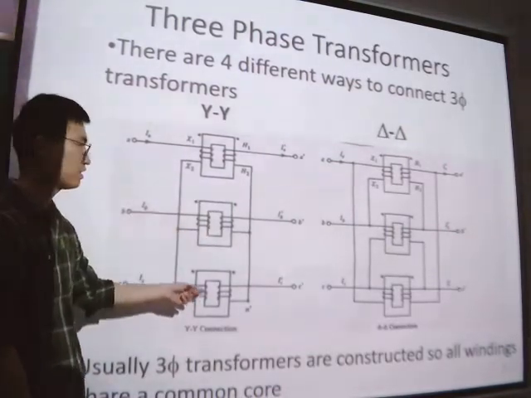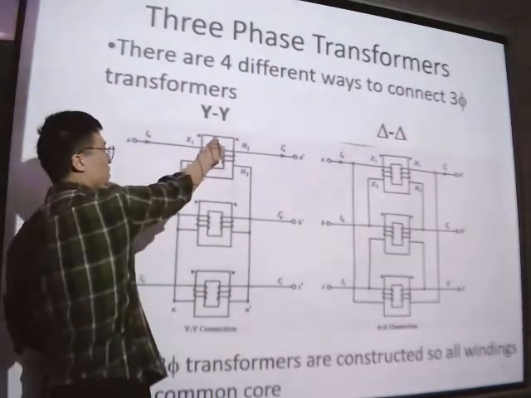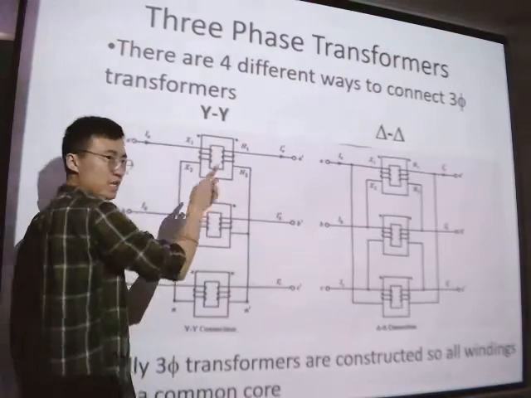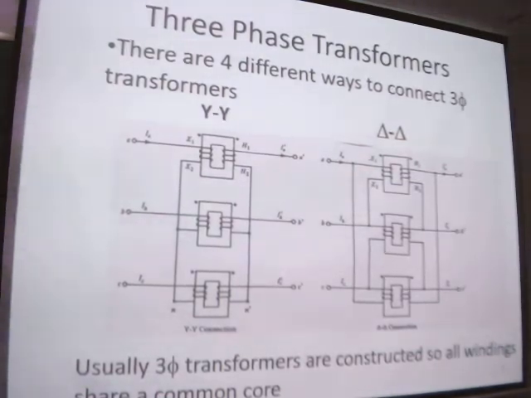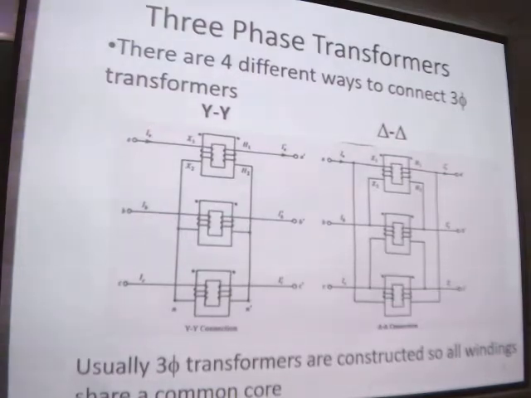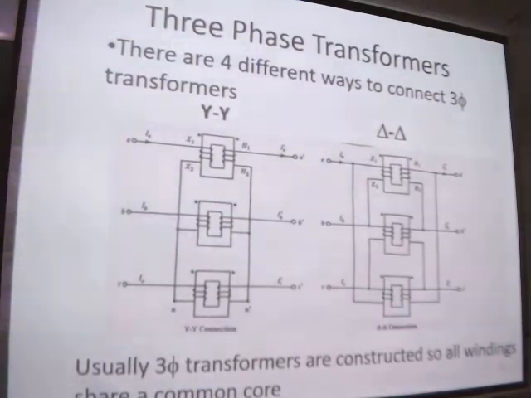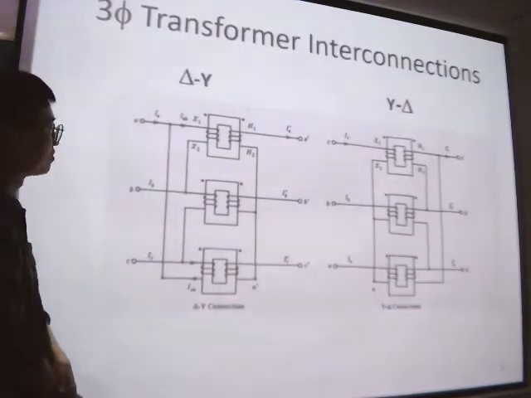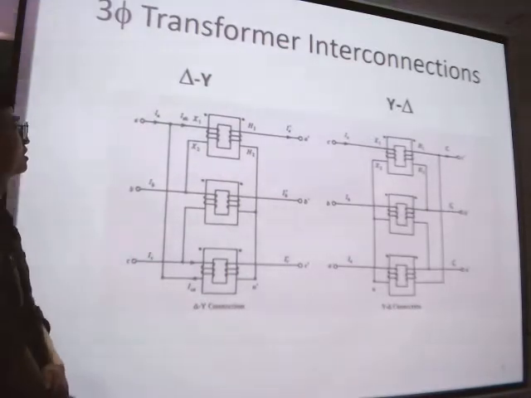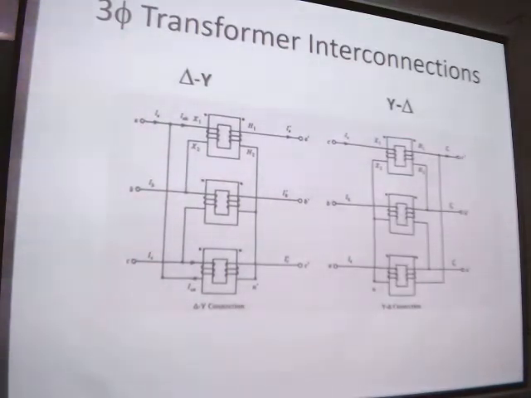You see it in the figure, it's 3 cores, right? We actually use one core. That way we not only extend the reliability of the transformer, but we can also lower the cost, okay? And then there are delta to Y and Y to delta, so those are the 4 connections in 3-phase transformers, okay?